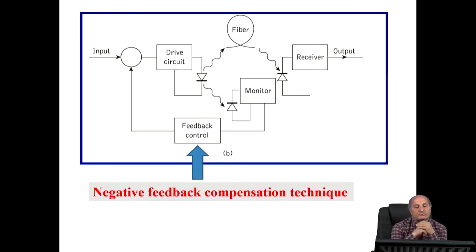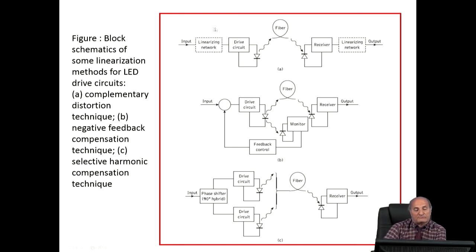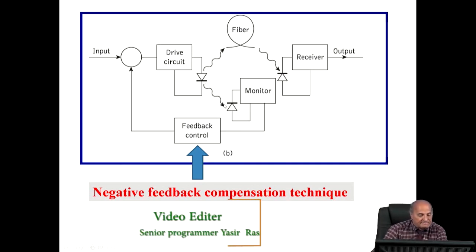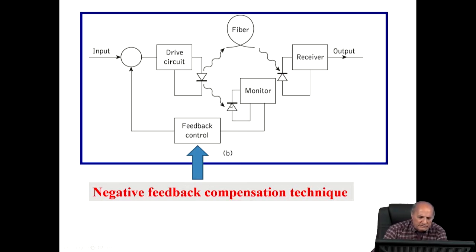Sometimes we use part of the power emitted from the optical source at the transmitter side to control the optical source. Look here, most of the power is coupled to the fiber. A small amount of power is detected by a photodiode, kept under monitoring.